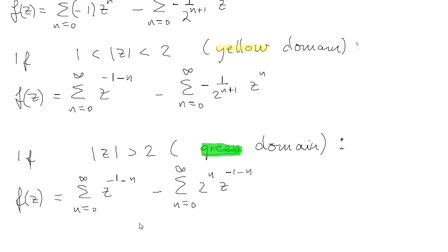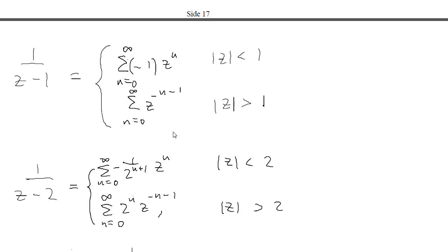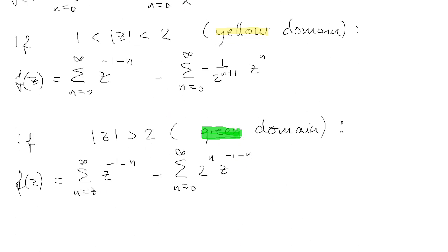And the last region, the green region, that is the region where the absolute value of z is larger than 2, then let's go back. Then we know that for this term we should have this series expansion, and for this term we should have this series expansion. So then the function f of z should be this guy minus this guy. And that's what we have written here.